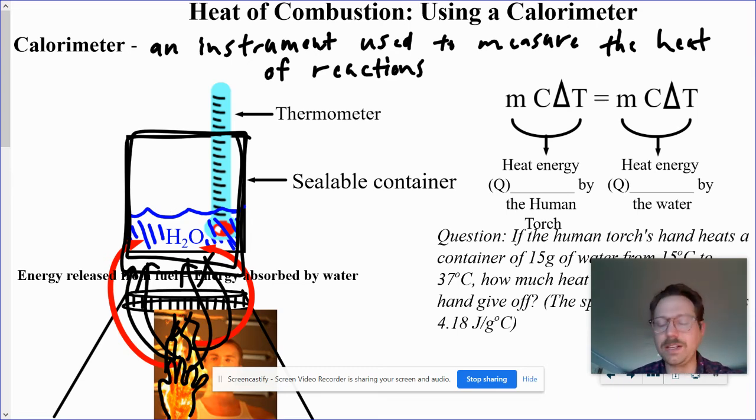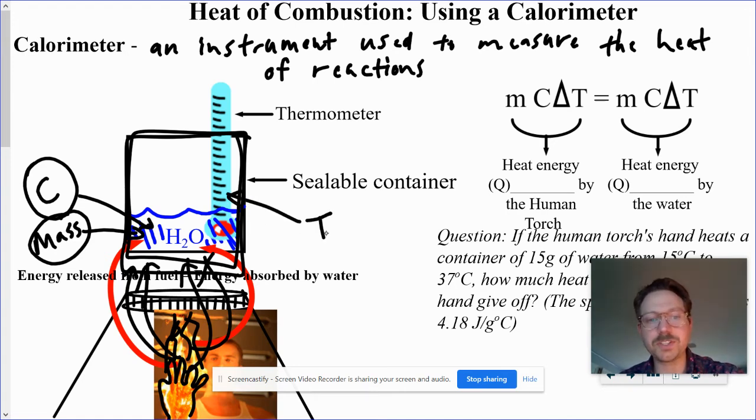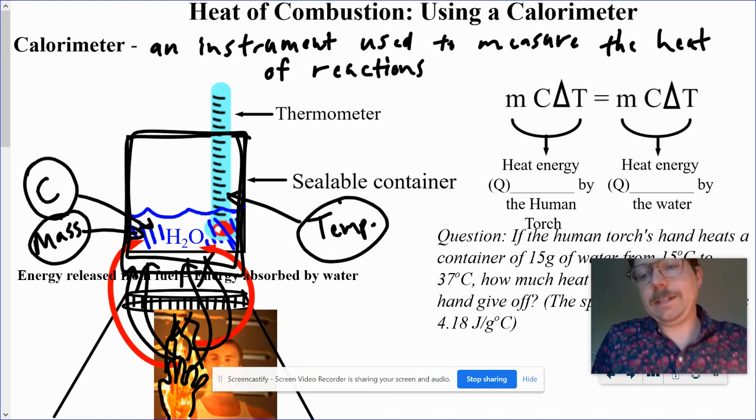And water is a great substance. First of all, it's very easy to get in a sink, so we can fill up a container. And we know a lot about water. We know the specific heat, right, which is C. What else do we know about it? We can determine its mass, and also we can determine the temperature change of water. We don't have to burn ourselves or worry about that.